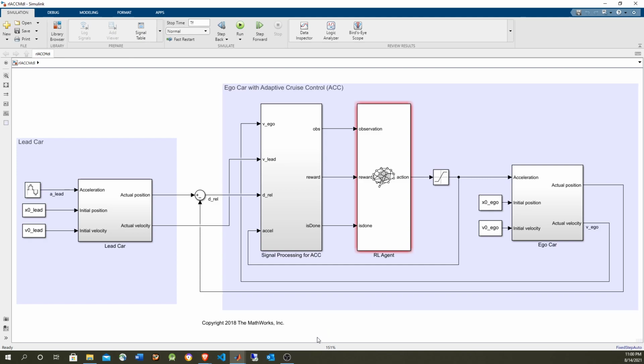We have to model both the control and the environment in the Simulink model. The environment basically consists of the ego car and the lead car. It is a very simple model. We have the initial position, the initial velocity, and the acceleration of the lead car is going to be a sine wave.